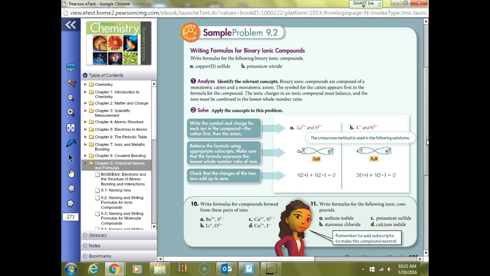Okay, let's talk about the word binary ionic compound. I'm going to add that term to the word wall. Binary ionic compound. What does the prefix bi mean? 2.